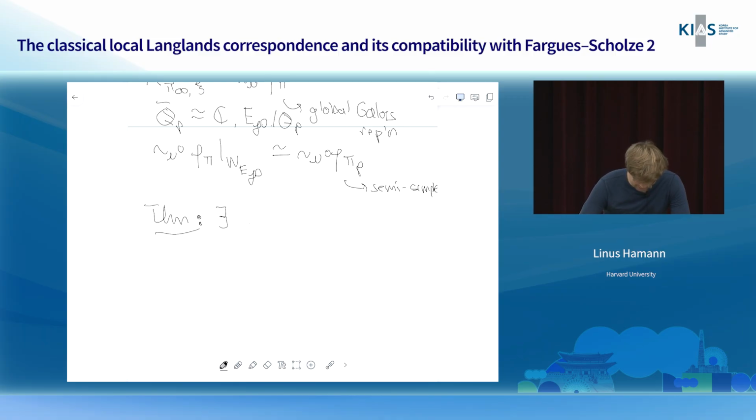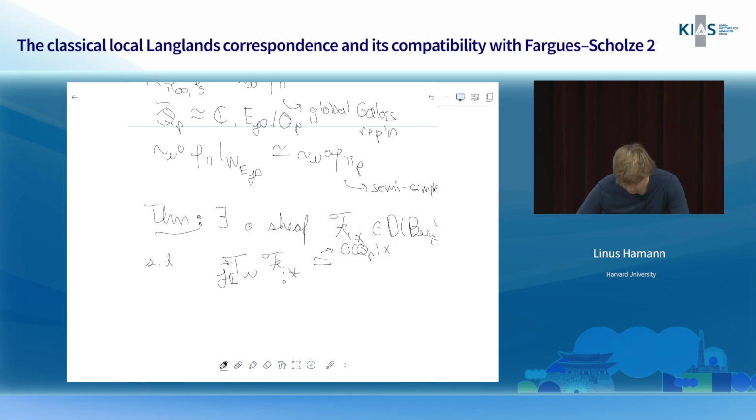You can show that there exists a sheaf, F shriek star, in this category of sheaves on Bun G, such that when you apply a Hecke operator to it, and then you restrict, this is isomorphic, as a G(Q_p) representation, so we just focus on the G(Q_p) and the local Weil group structure, to this intersection cohomology complex that I wrote down.